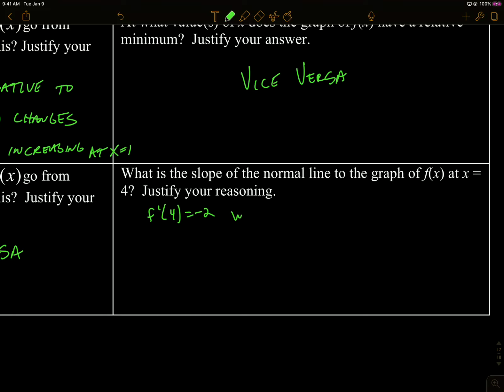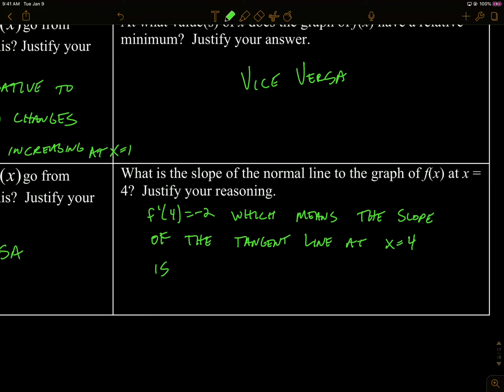So this means the slope of the tangent line at x equals 4 is -2.